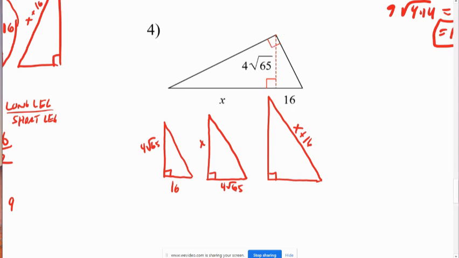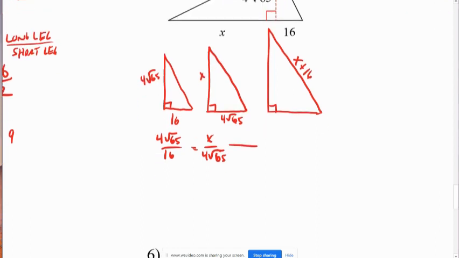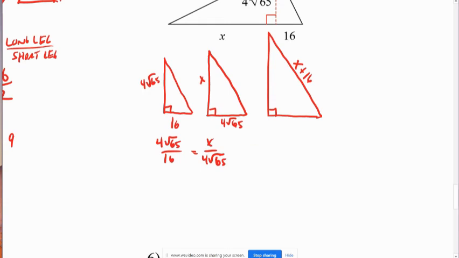Okay, and so now setting up the ratio, if we do height over base equals height over base, then from there we would cross multiply and we'd get 16x equals 16 times root 65 times root 65.